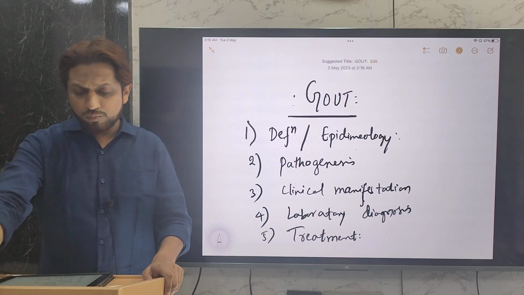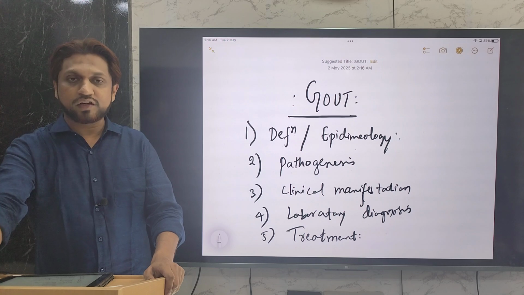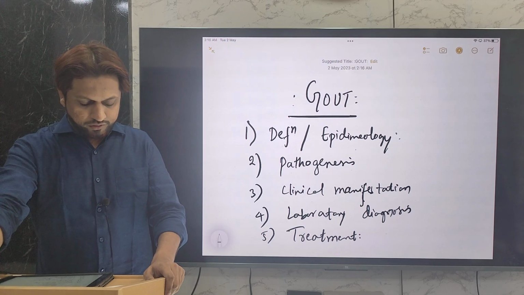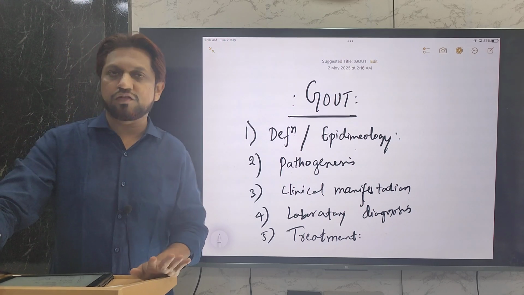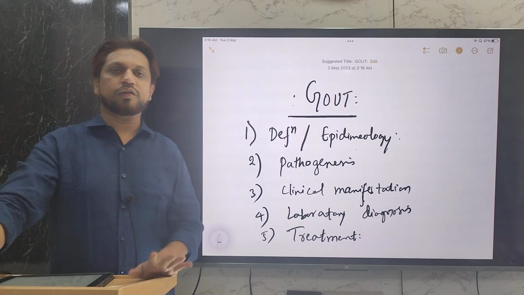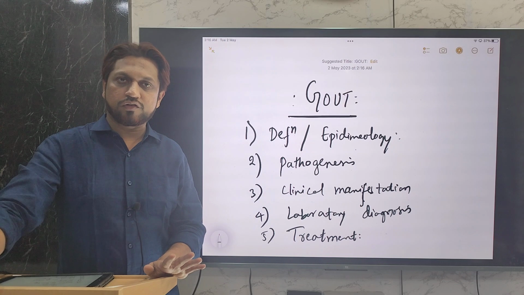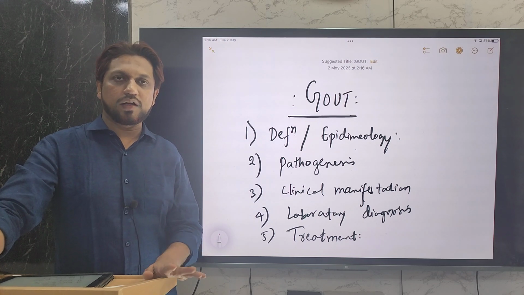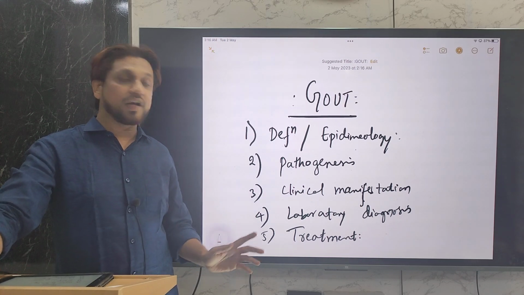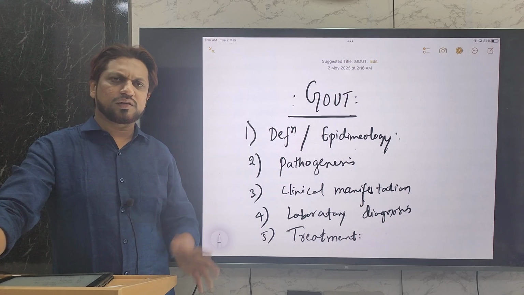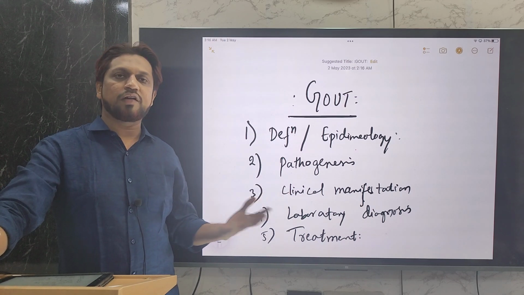Before starting, I would like to give a medical disclaimer. Whatever we are going to discuss here is mainly for educational purposes, and our intention is to cover this topic for the benefit of undergraduate and postgraduate students of medical specialities, so that they have updated knowledge.